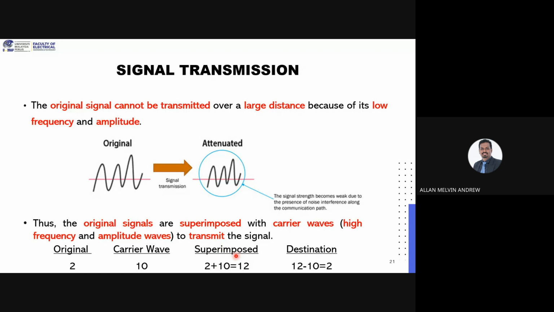When you superimpose, it will become 2 plus 10, so it will become 12. It will travel until the destination. Once it reaches the destination, 12 minus the carrier wave, which is 10, then you will get back 2. So it's like taking a public transport in order to reach a destination.